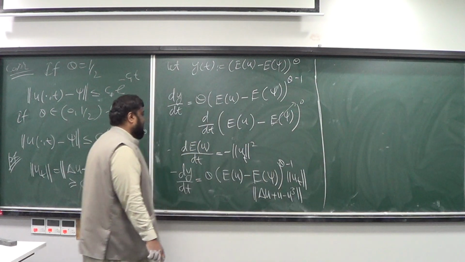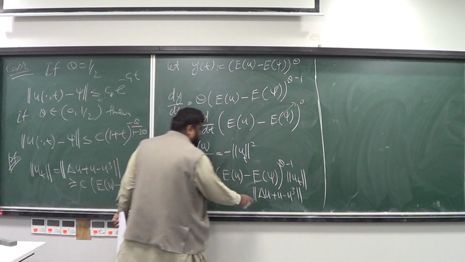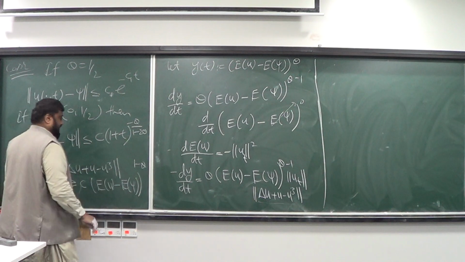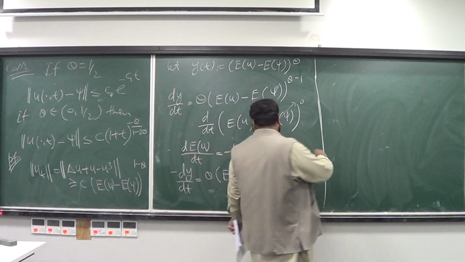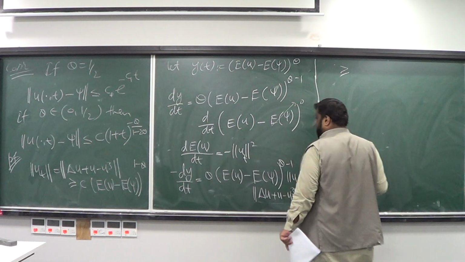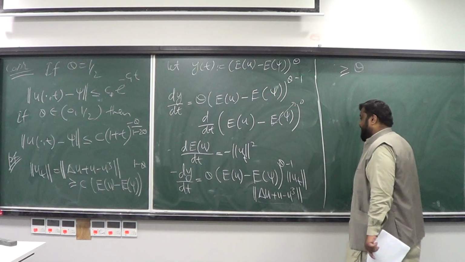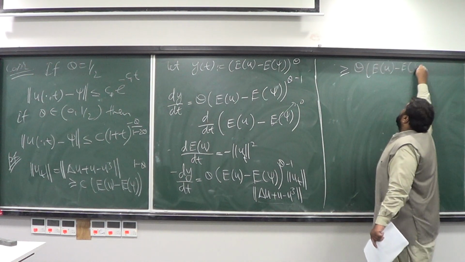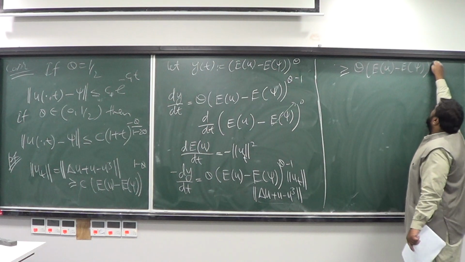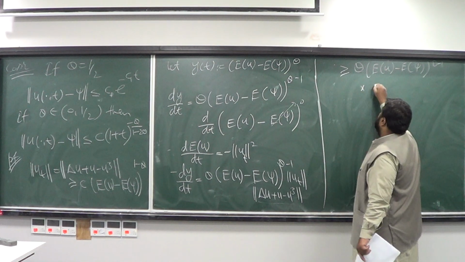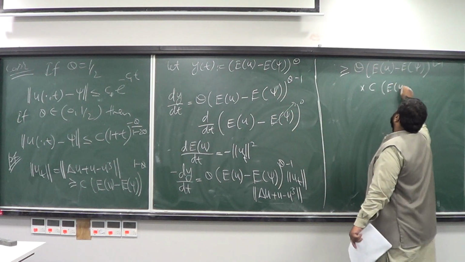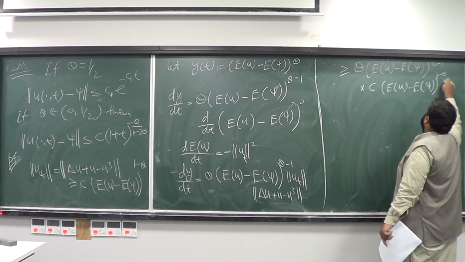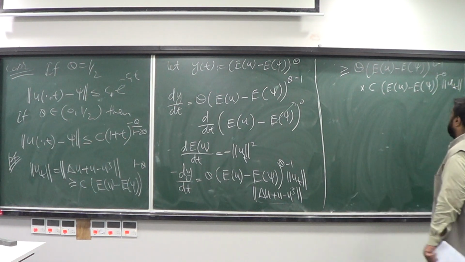For this norm, I know that it is bigger than or equal to a constant times this quantity. So I can say this side is bigger than or equal to theta times E of u minus E of psi to the power theta minus 1, times a constant times E of u minus E of psi to the power 1 minus theta, and the norm of u_t. This is what you're going to get.